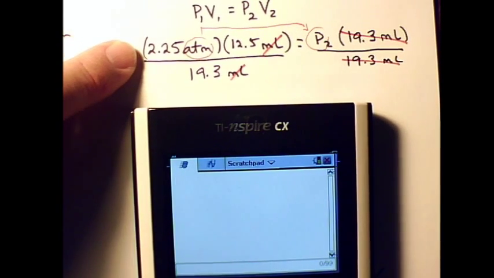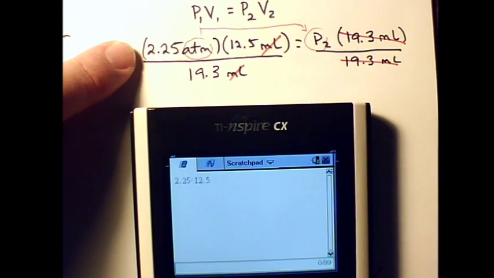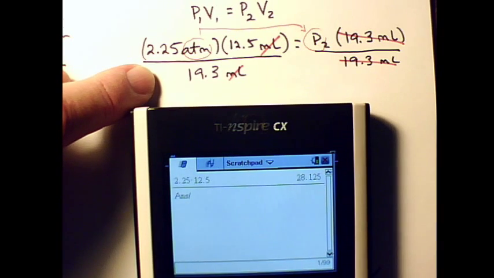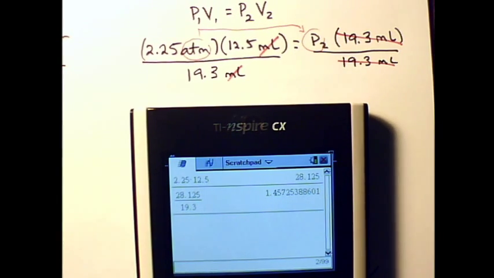So 2.25 times 12.5. Remember you have to hit enter first, then divide by 19.3. Now some calculators will give you the right answer anyway, and some won't. But everybody's calculator will give you the right answer if you do these steps in this way.